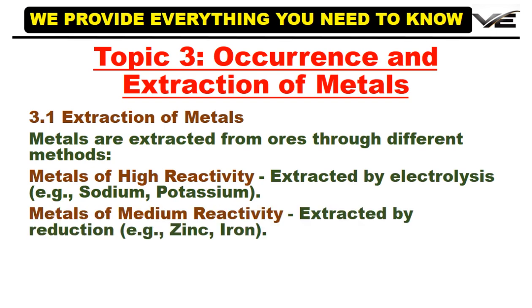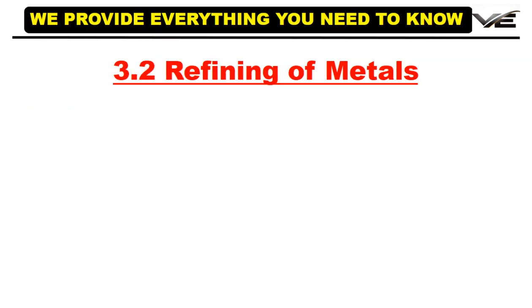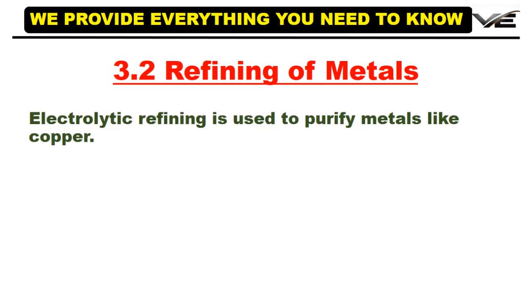Metals of medium reactivity are extracted by reduction, for example, zinc and iron. Metals of low reactivity are extracted by heating, for example, gold and silver. Refining of metals. Electrolytic refining is used to purify metals like copper.